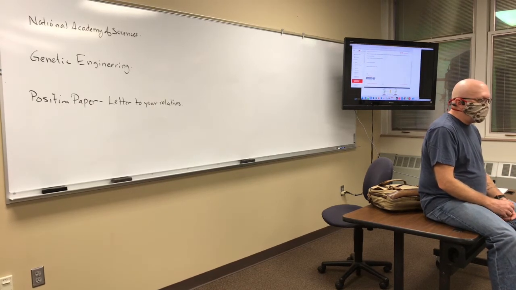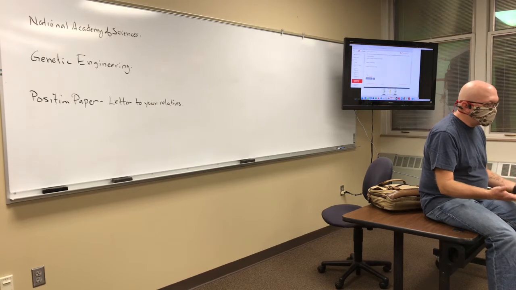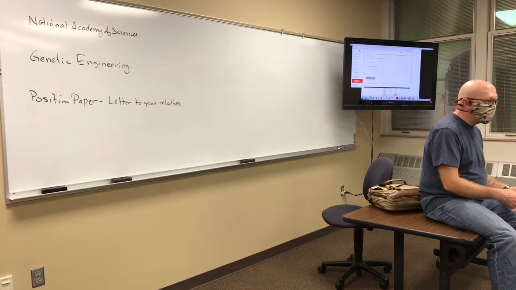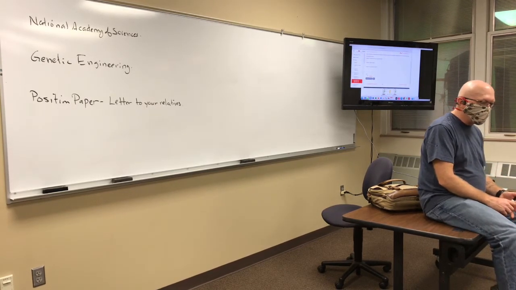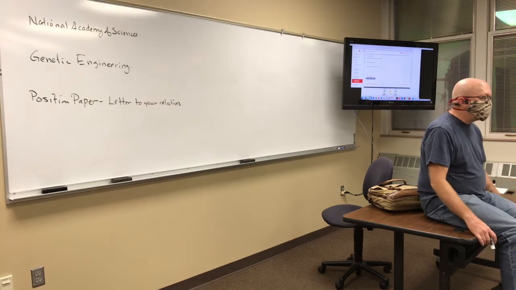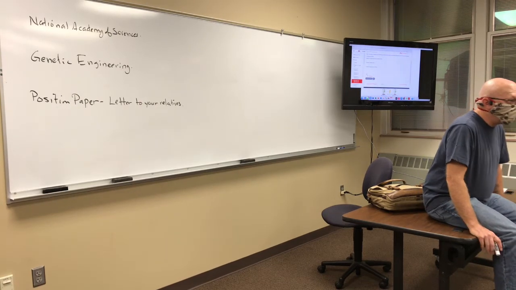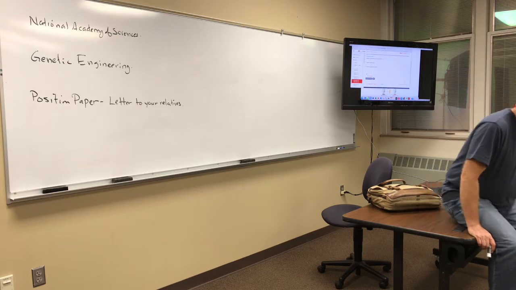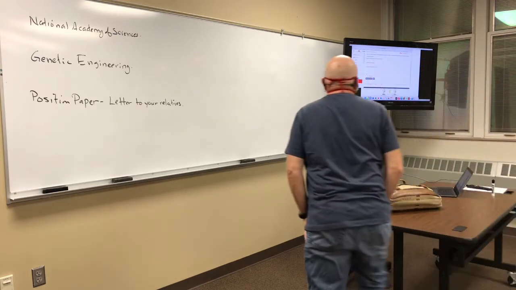So read it with an open mind, and if you're like me, you will learn something as you go through it. I actually learned quite a lot going through it, and I already knew quite a lot going into it. So that's coming down the pipe.